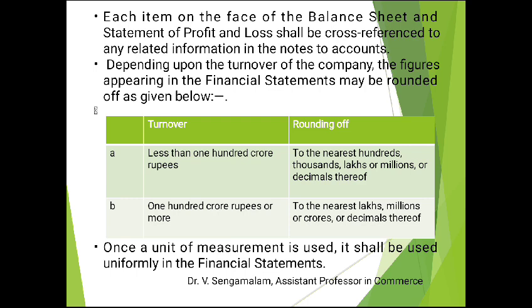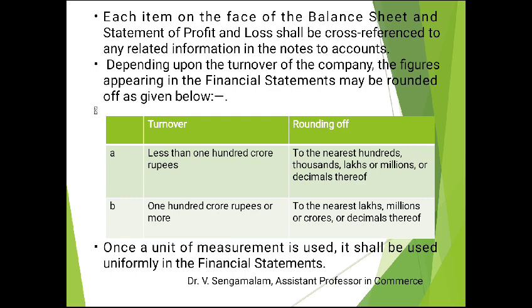Depending upon the turnover of the company, the figures appearing in the financial statements may be rounded off as given below. Less than 100 crore rupees: to the nearest hundreds, thousands, lakhs or millions, or decimals thereof. 100 crore rupees or more: to the nearest lakhs, millions or crores, and decimals thereof.